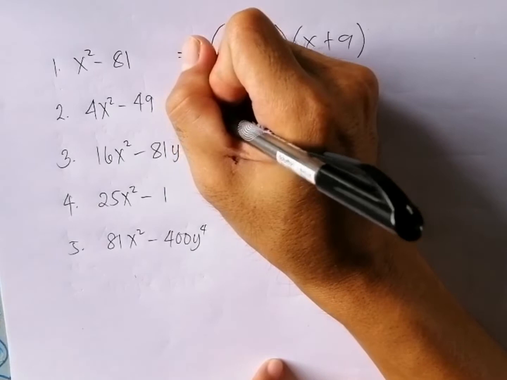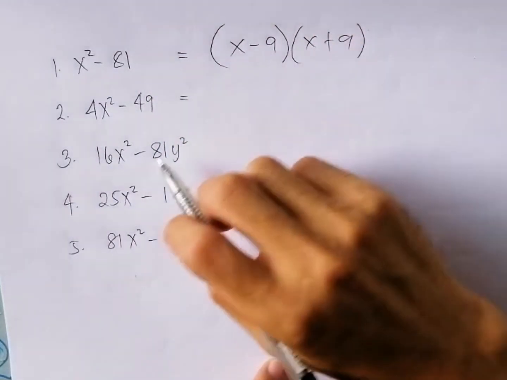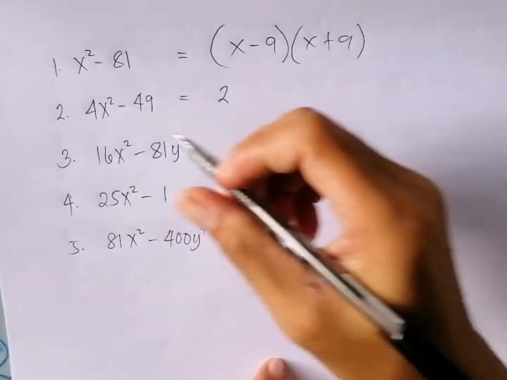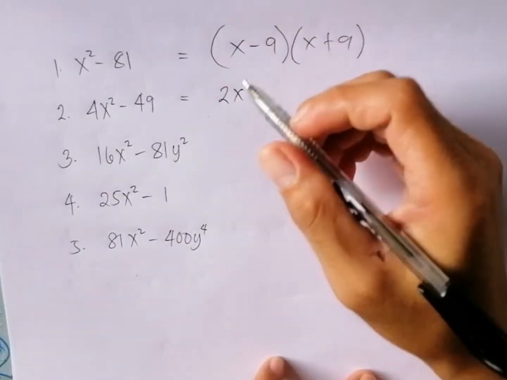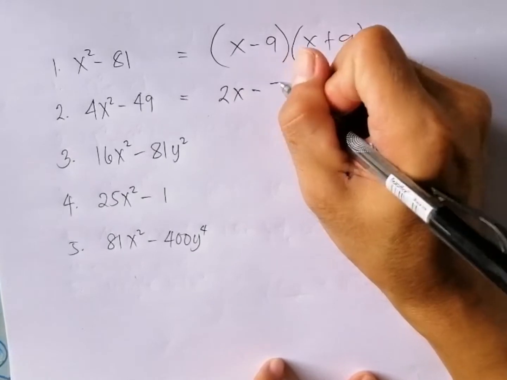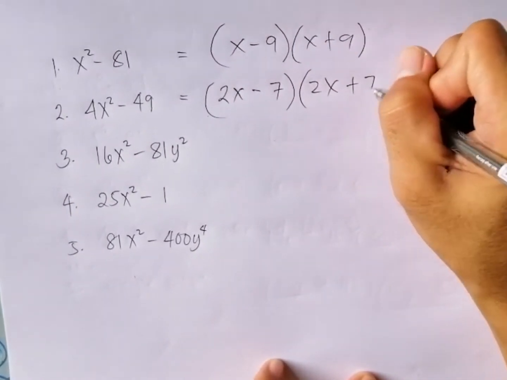Number 2, the square root of 4 is 2. Then the square root of x squared is x, minus the square root of 49 is 7. Then that is 2x plus 7.